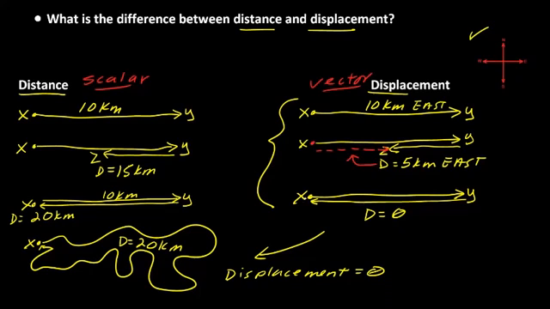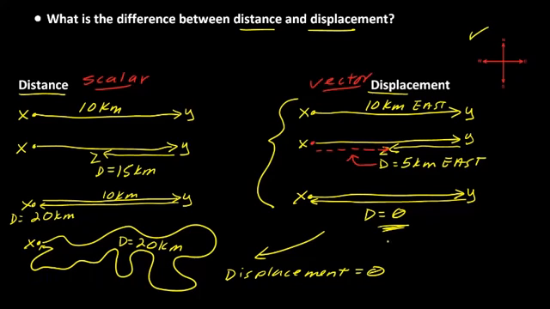And in the third situation down here, because you came all the way back to your original starting point, your origin, then you are displaced 0 kilometers from your origin. And that is the difference between distance and displacement.